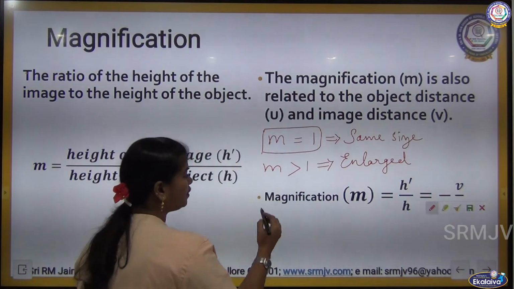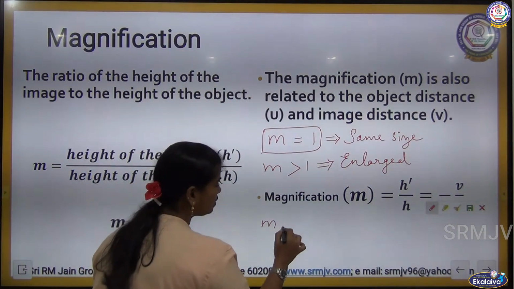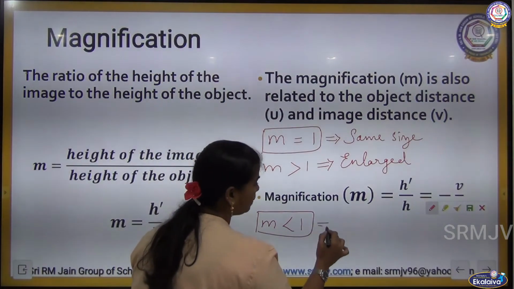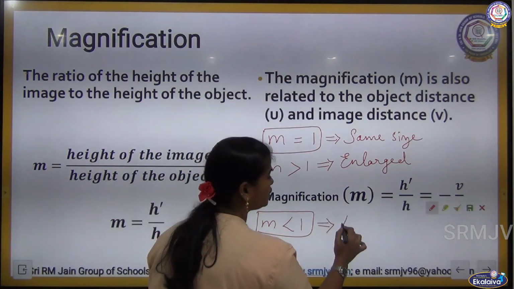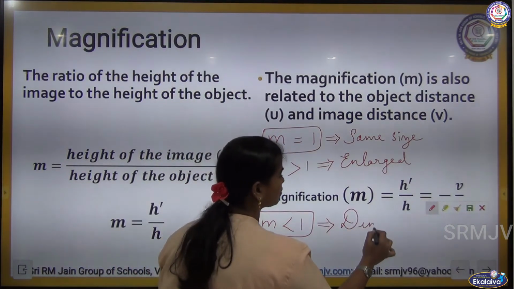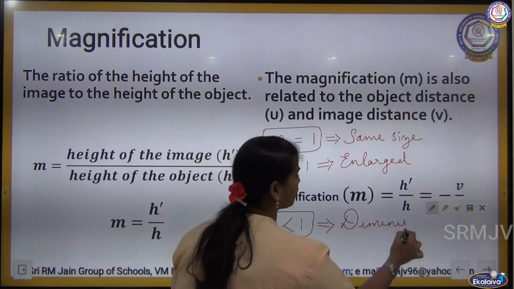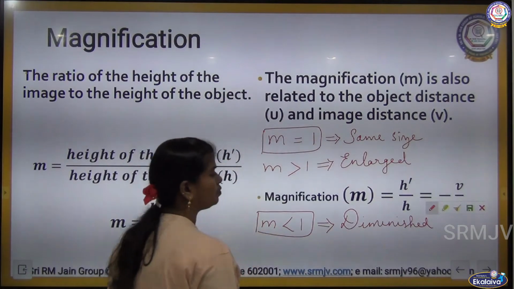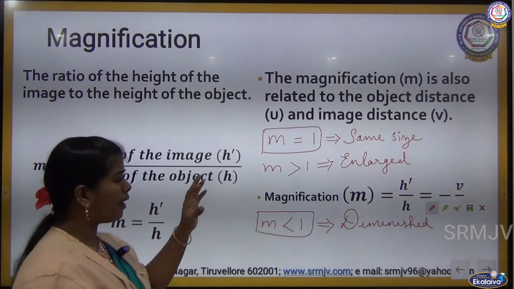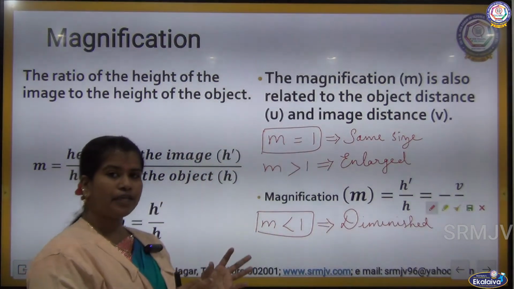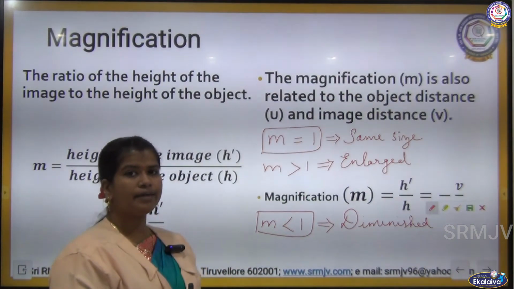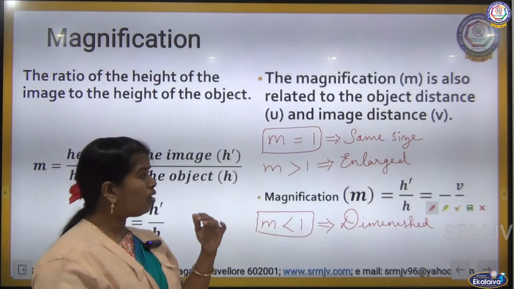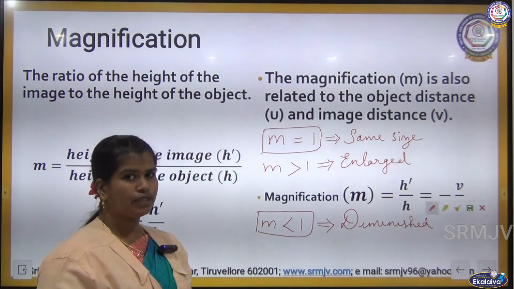If the magnification is less than 1, it means that the image is a diminished image. So the magnification value itself gives an idea about the image, whether it is the same size, enlarged or diminished.